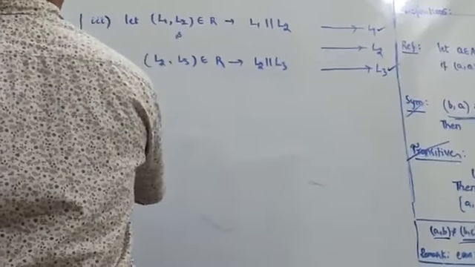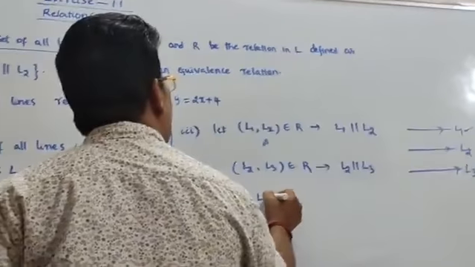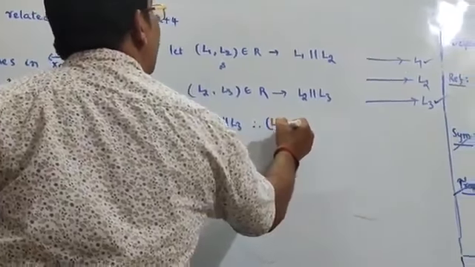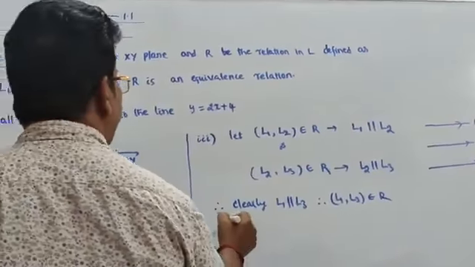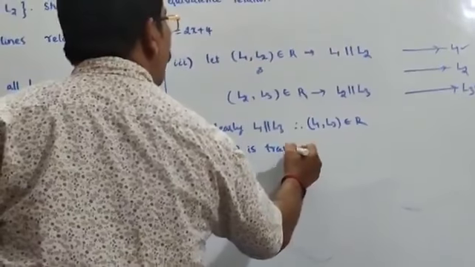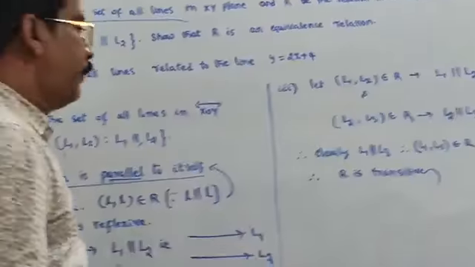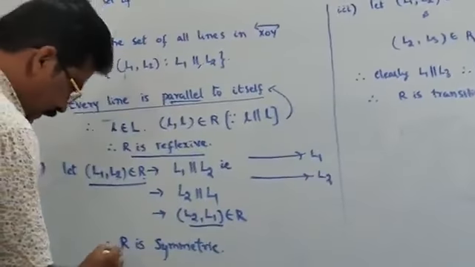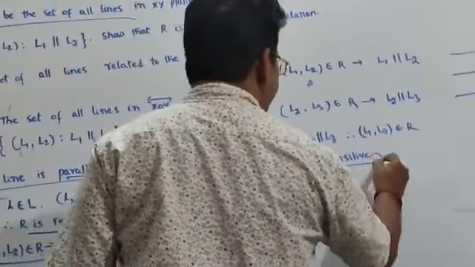So therefore, clearly L1 is parallel to L3. Therefore, (L1, L3) also belongs to capital R. So therefore, capital R is transitive. Therefore, R is reflexive, R is symmetric, and R is transitive.